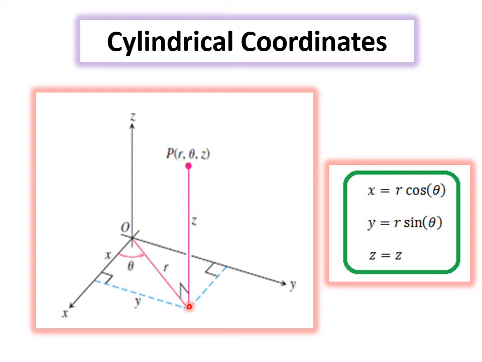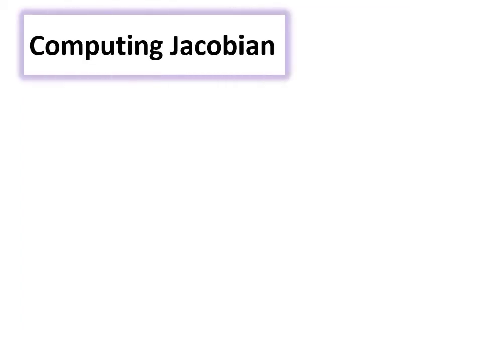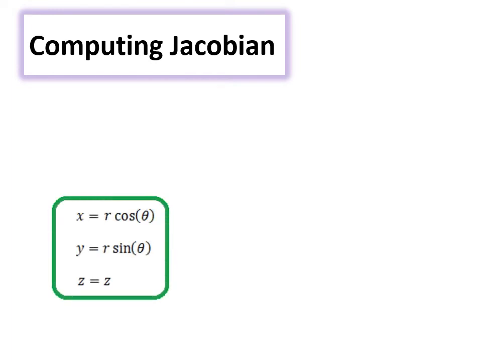To reach the point xyz, we just have to simply shift the point z units along the z-axis. So the transformation goes like x equal to r cos theta, y equal to r sin theta, z equal to z. Now we will see how to compute Jacobian for the transformation from Cartesian point xyz to cylindrical coordinate point r theta z.